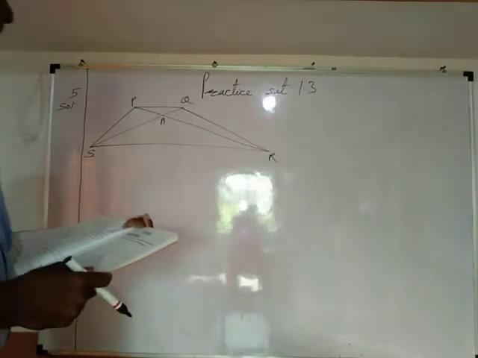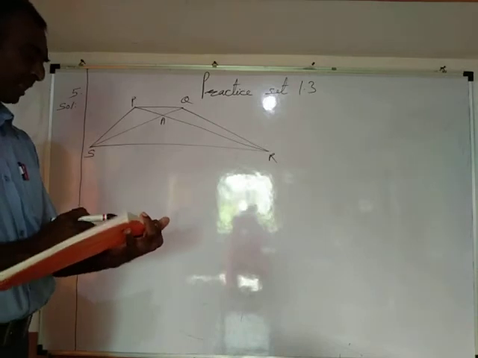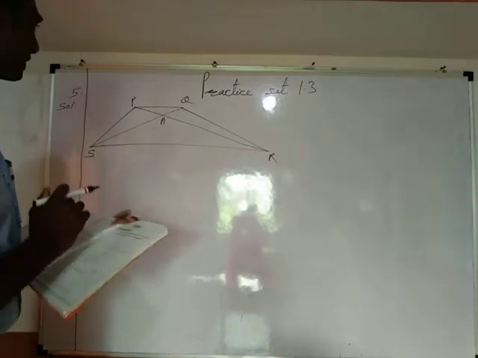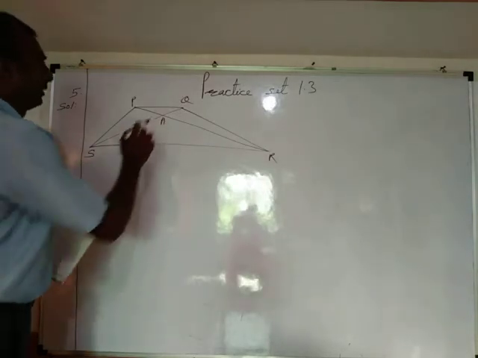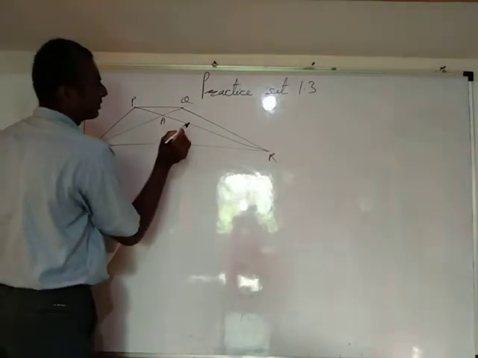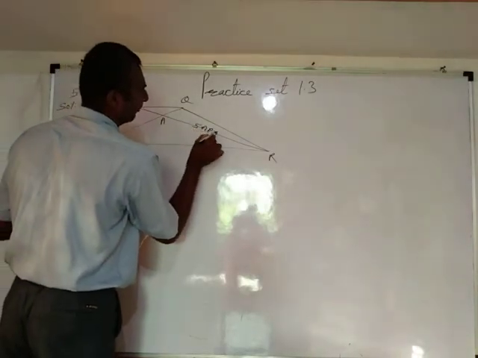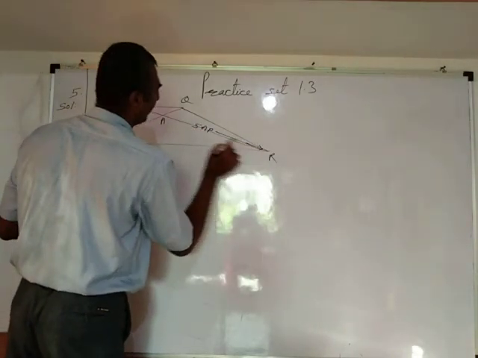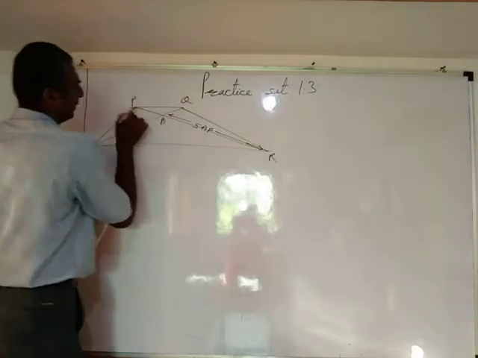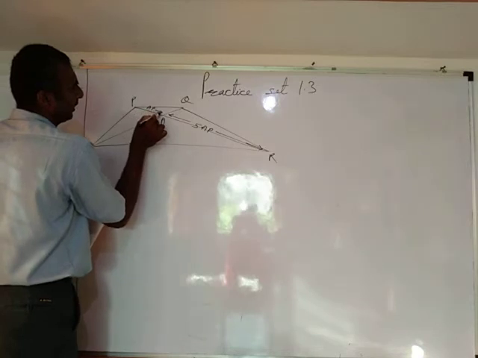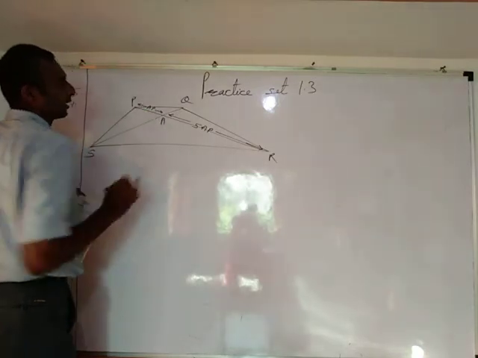Question 5th. In trapezium PQRS, side PQ is parallel to side SR, AR equals 5 times AP. Let's mention AR as 5 AP. And AP is 1 times AP.